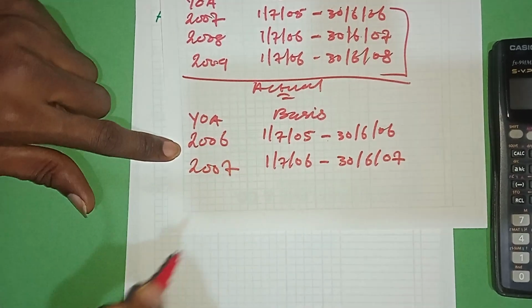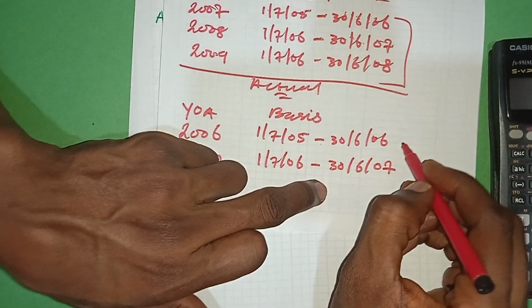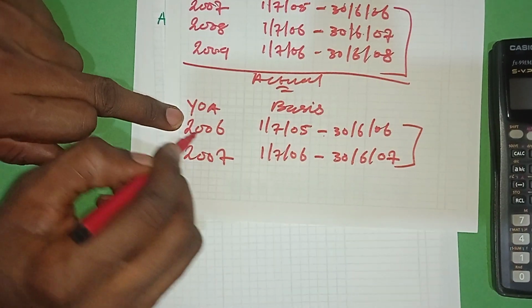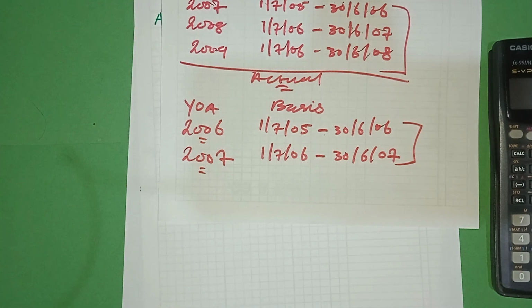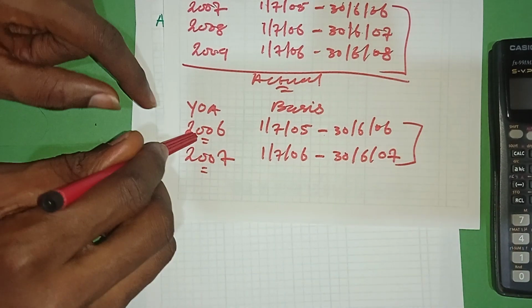Now, the secret here is that with actual year basis, the year here must be the same as the year of assessment. That is it. Using actual year basis, here must be the same as the year of assessment.